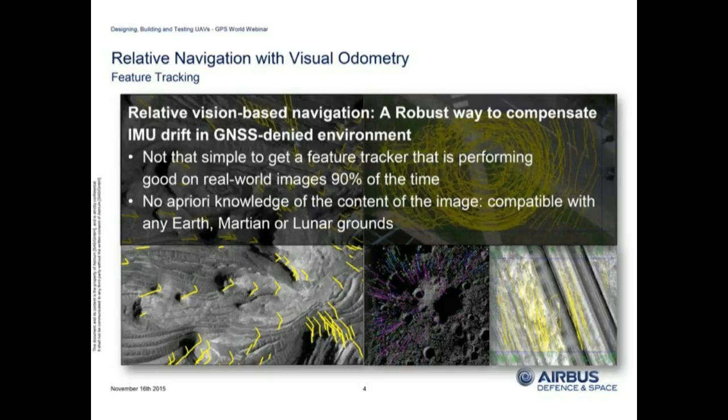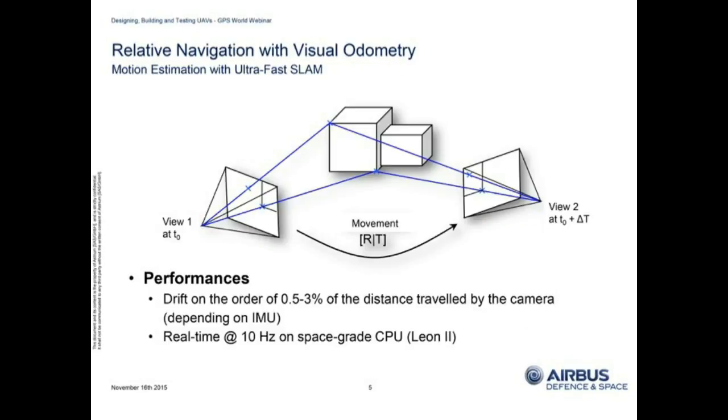Basically, what you do in this kind of navigation is look at how the things in the images move, and from the movement you observe, you can observe a bit of your own movement. You can't observe all the degrees of freedom, and you get only a part of your movement. So you need an IMU to complete the navigation.